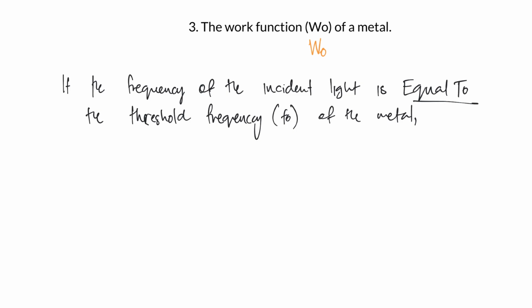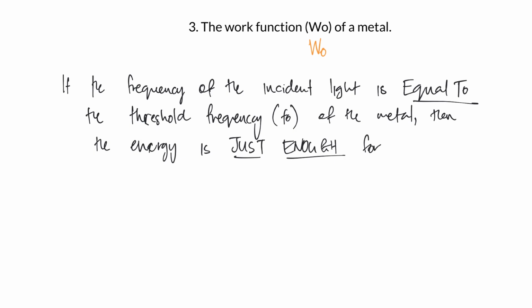So if it's equal to, then the energy is just enough, not the most, it's just enough for the electron to be emitted from the surface of the metal.